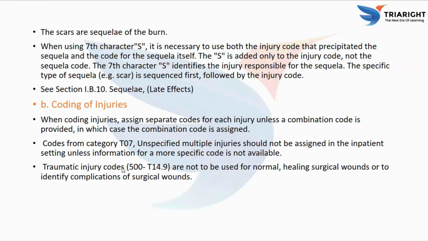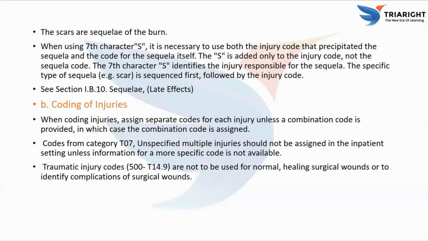You should not use T07 in inpatient coding unless detailed documentation is not available and no more specific codes can be assigned. T07 is the last resort; you should always try to code the specific injuries.